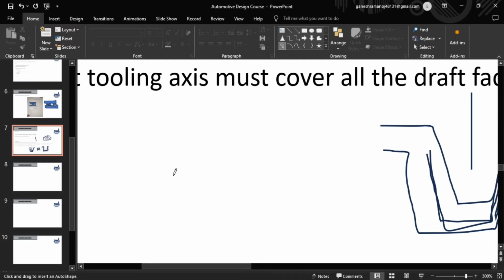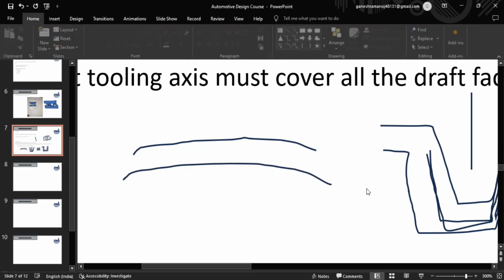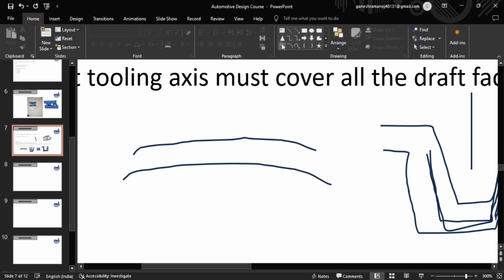When you are doing plastic product design, most probably you will be having one class A surface. Out of that you will be designing a class C surface. I told you we have to design the class C surface also, right? The class C is nothing but the surface which connects the A surface with B.